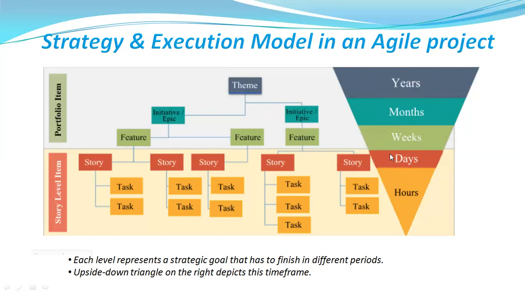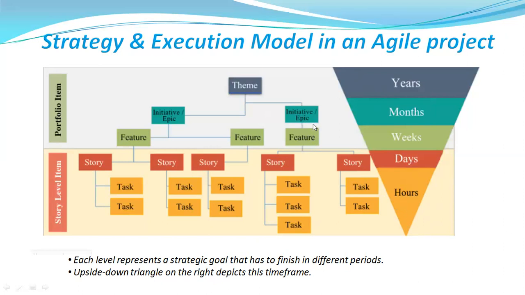Whichever is in red can take days to complete, and hours to complete for whatever is written in orange. I have differentiated these just for your understanding. Always understand each level will have a goal and different timelines. This upside down triangle represents the time frame.